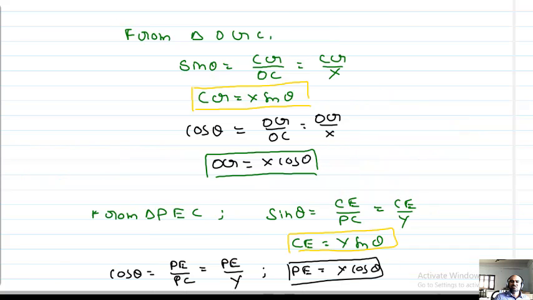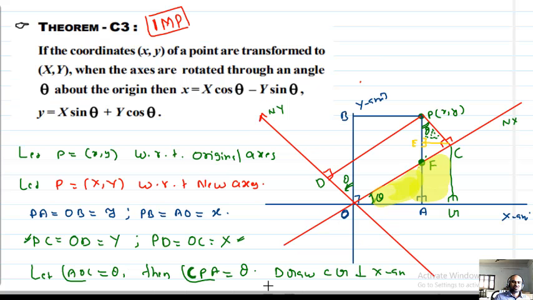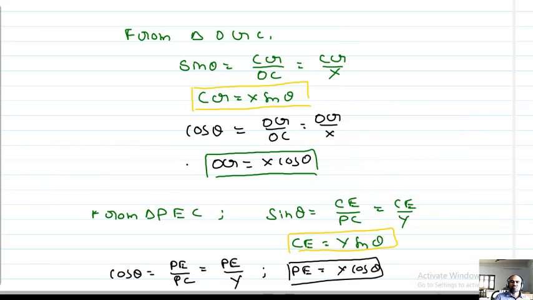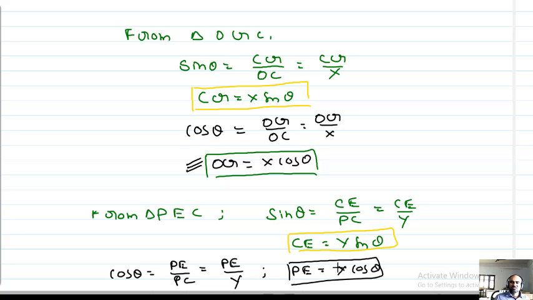OG minus EC. OG is capital X cos theta. EC is CE, capital Y sin theta.